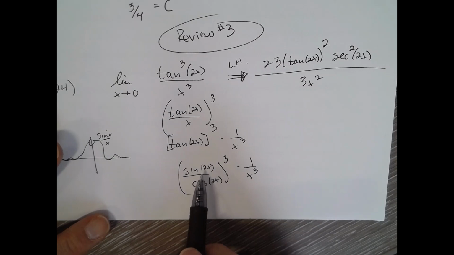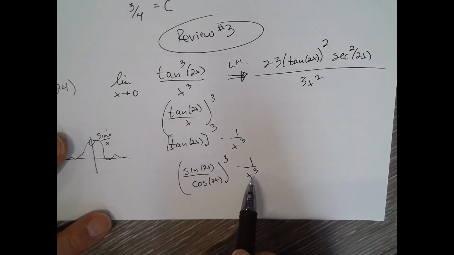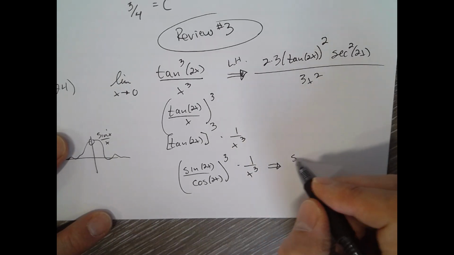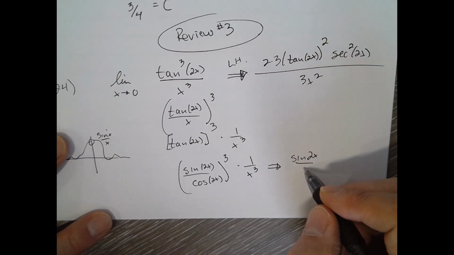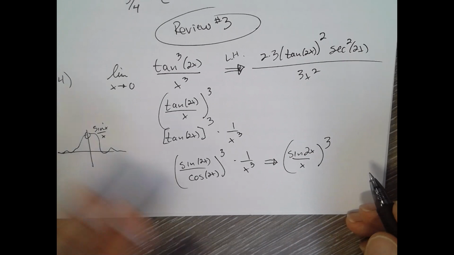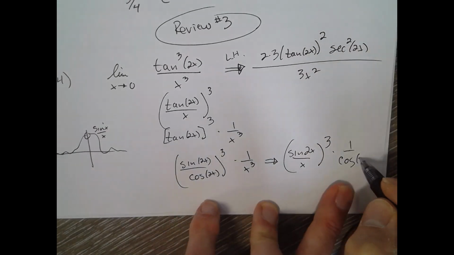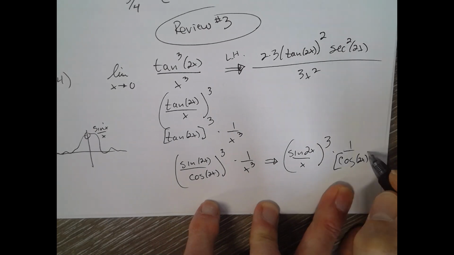So we have a sine of 2x over x, the quantity cubed, so I could think of this as sine of 2x over x, cubed, and I still have the 1 over cosine of 2x, cubed.